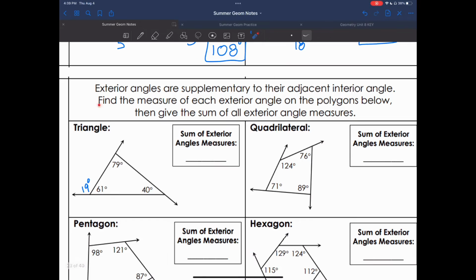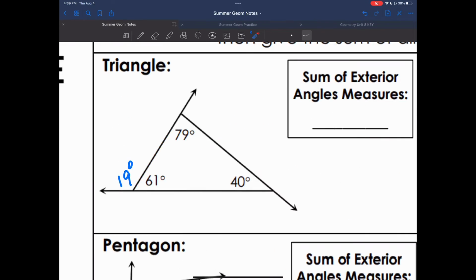Now it says find the measure of each exterior angle on the polygons below, then give the sum of all the exterior angle measures. So let's go ahead and find all 3 exterior angles. So this one's 19. If you do 180 minus 79, you get 101 degrees.